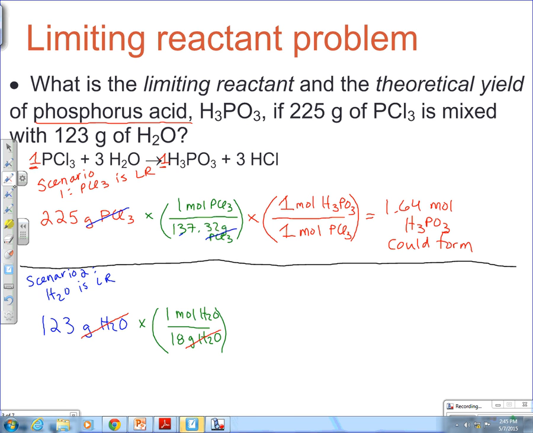Our next step would be to look up at the equation and look for the mole ratio between H3PO3, which is again what we're interested in. It's still right up here, 1 mole of H3PO3, but this is for every 3 moles of water. So this is a different mole ratio than scenario 1.